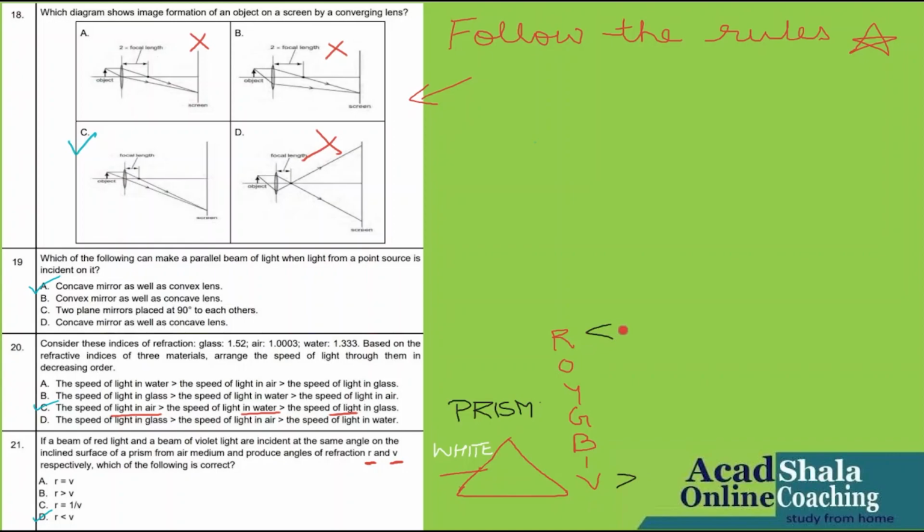I've written the less than and greater than sign over here. After having this prior knowledge, I will choose among the 4 options according to it. That is, R is less than V. So this is my correct D option. Absolutely correct, the appropriate option for this question.